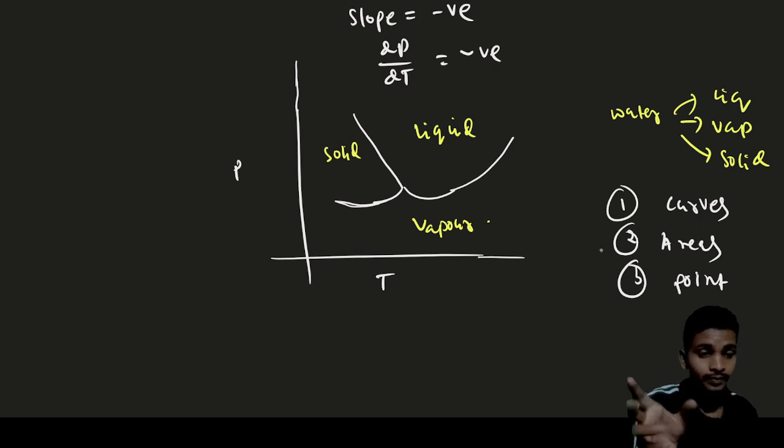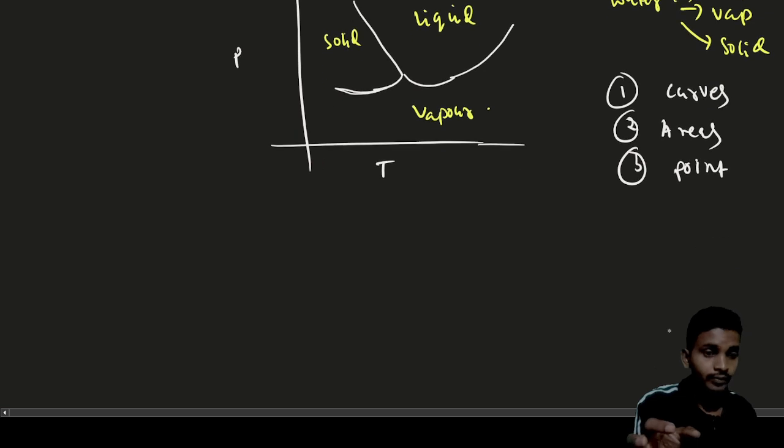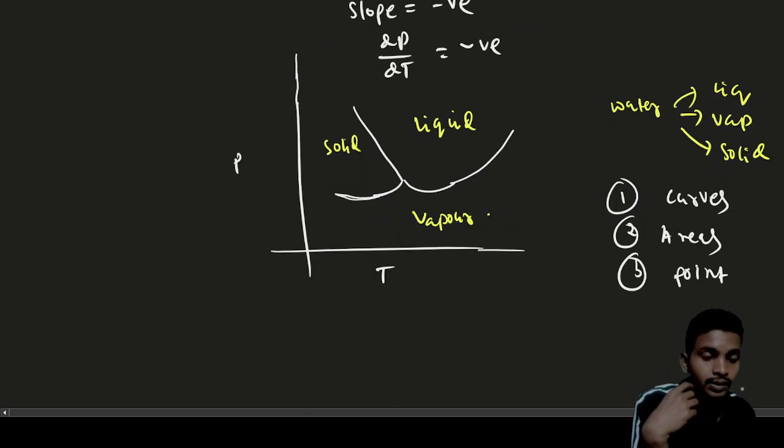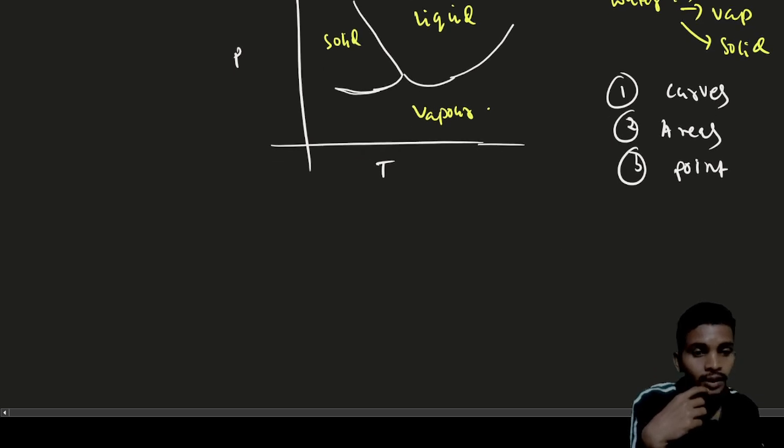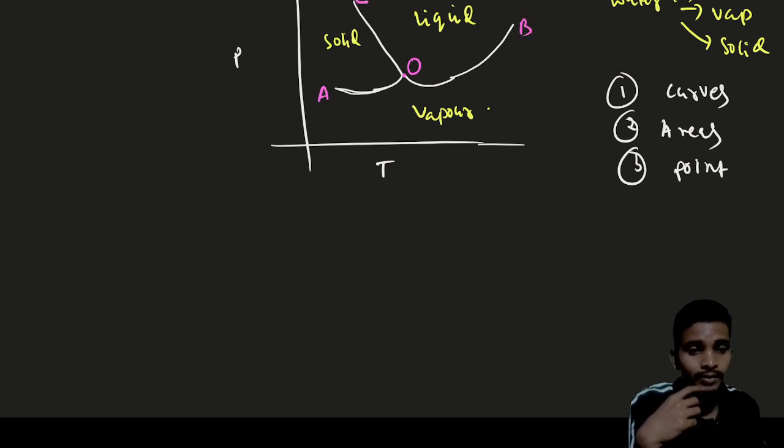That we will discuss in one component and two component systems. Let's name these points: let's say this one is O, this one is A, this one is B, and this one is C.